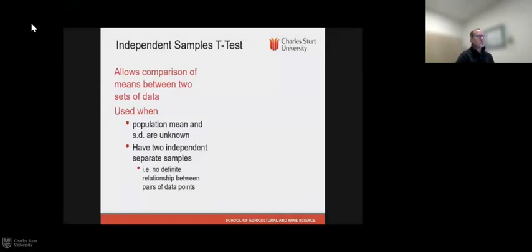So we'll use a t-test there, and there are assumptions that we'll be taking into account. We use the t-test when our population mean and standard deviation are unknown, and we have two independent or separate samples, so there's no definite relationship between those data points. That's going to be the case for you guys: there's no definite relationship between your control population and your treatment population.